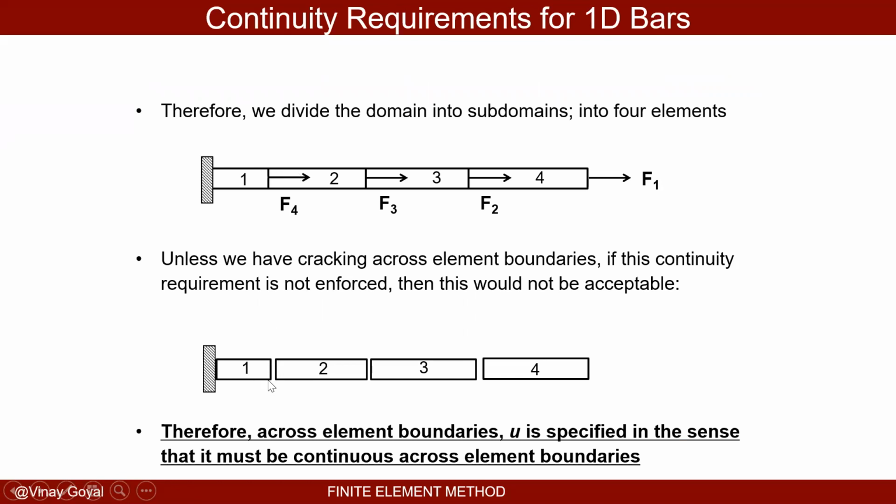Obviously, the deflection at this node must be equal to the deflection at this node. Otherwise, I'm going to have a crack right there. Same here, same here. So across element boundaries, U must be continuous. The U has to be the same left and right. Otherwise, this is going to break apart as you see in this picture.